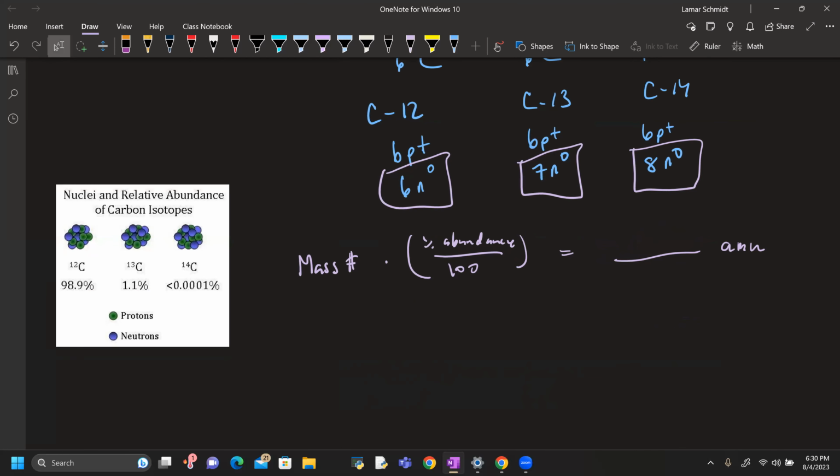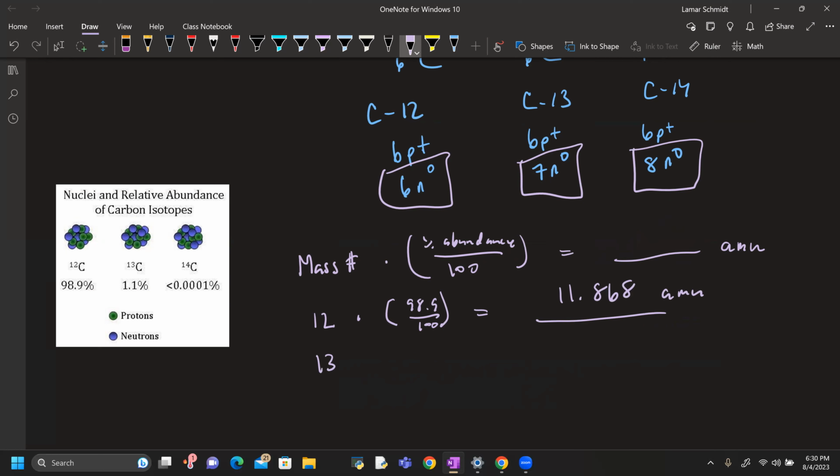So we're going to take the mass number of carbon 12, which is 12. We're going to multiply that by 98.9 divided by 100, and we're going to get 11.868 AMU.